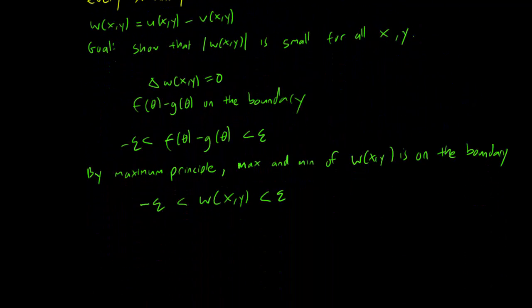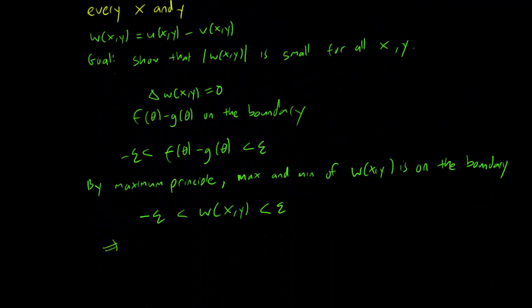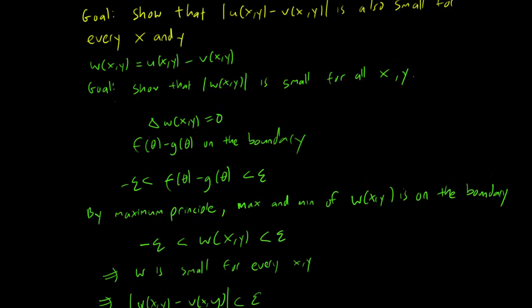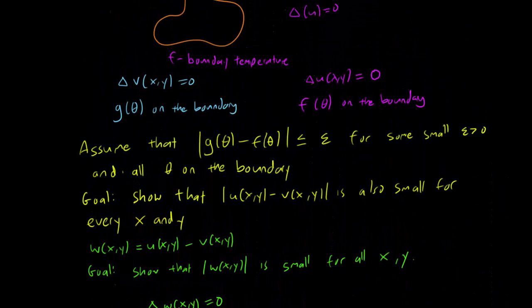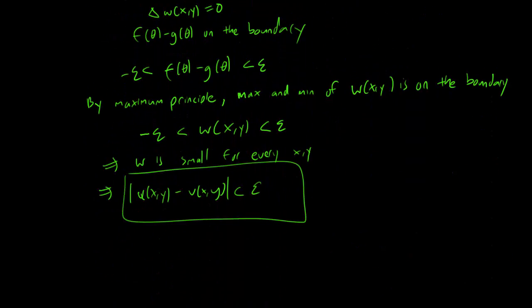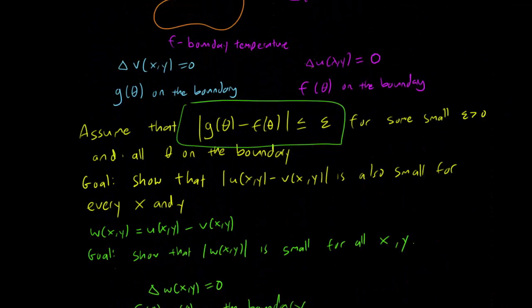But this is the same as saying that W is small for every x,y, and it's the same thing as saying that U(x,y) minus V(x,y) is small, less than epsilon. And we are done. This implies that if g and f are very close together, that necessarily u and v are also very close together, and thus the Laplace equation is well posed.